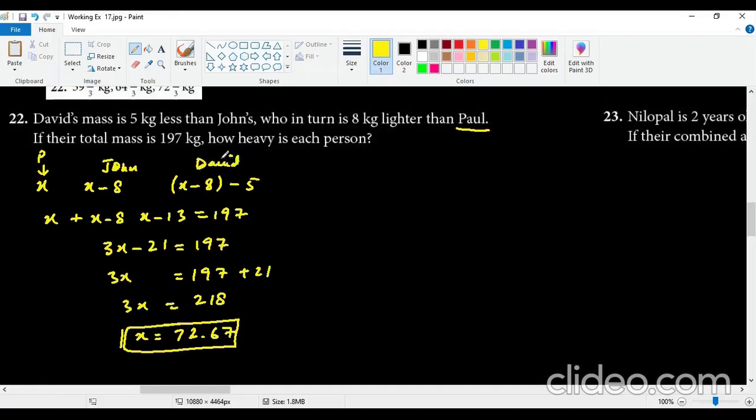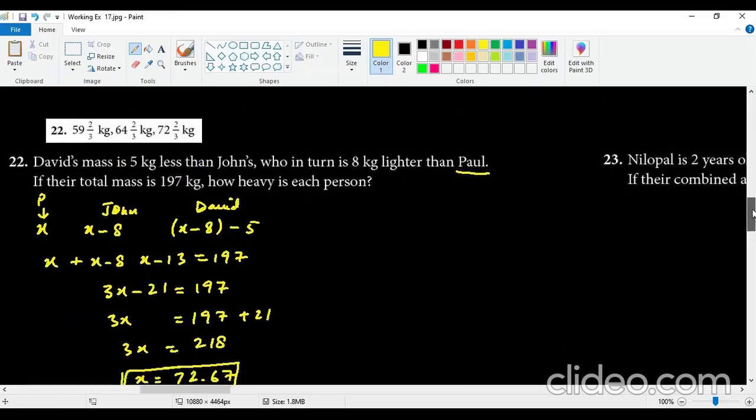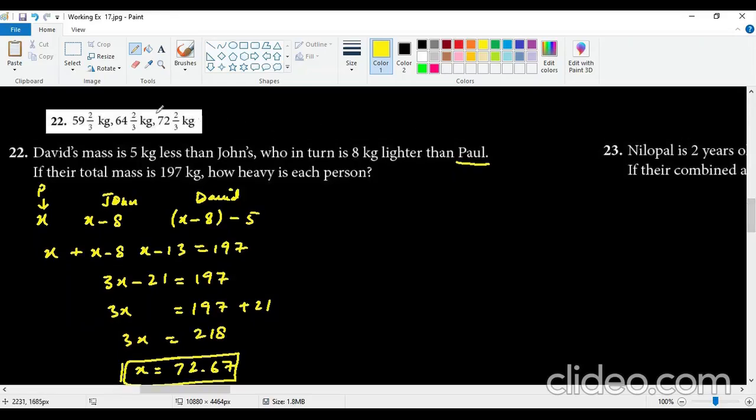So John, if you can see, this is 72. This is the value of x, first one, and then comes x minus 8. So 72.67, when 8 is subtracted from this, is going to give us 64.67.